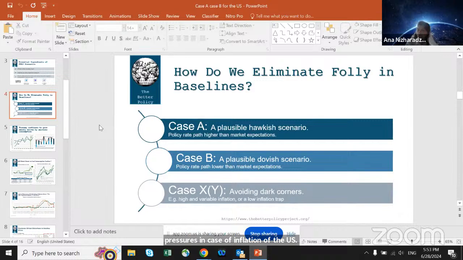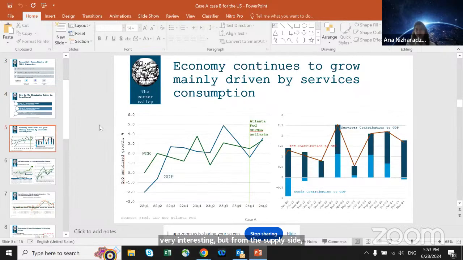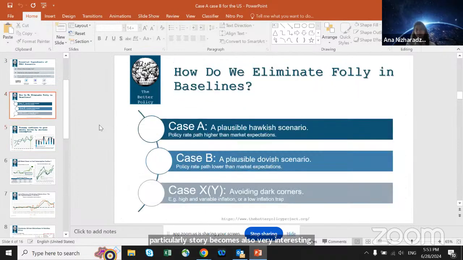The demand side story is very interesting, but the supply side story becomes also very interesting, and uncertain recently in the case of the labor market, because the labor market currently sends very uncertain messages. The labor market sends some messages that support our case A scenario and some messages that support our case B scenario as well.